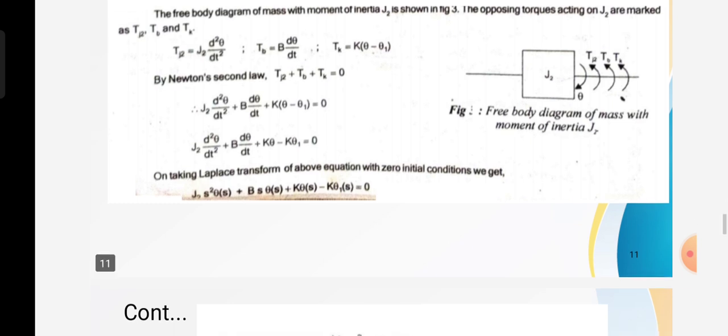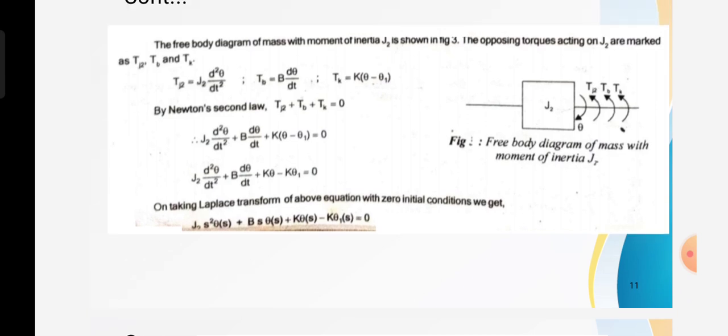When the applied torque is applied to J2, it is opposed by the torques due to the moment of inertia J2, Tk and Tb.